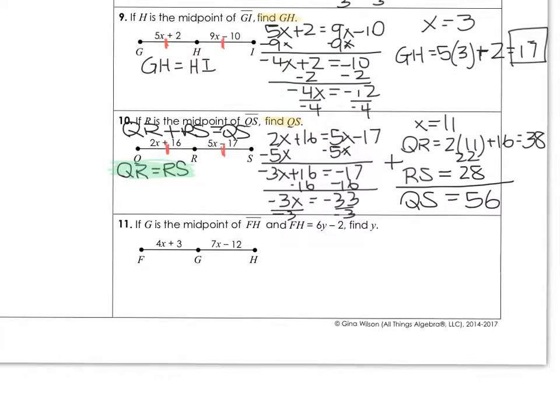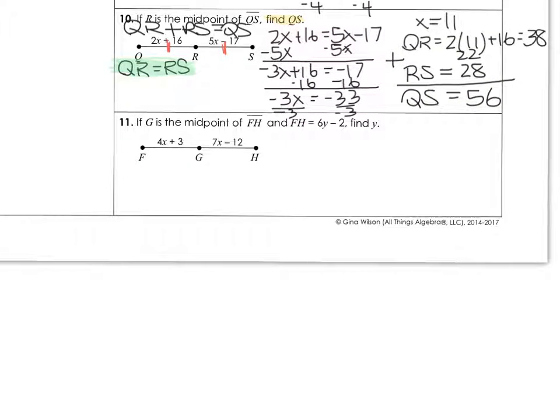And the last one is a little bit challenging. Let's first see what it's saying. It's saying that G is a midpoint, so those two are congruent. And it's giving a different expression for the whole length. So the first thing we're going to do is find our x. We know those two are congruent.